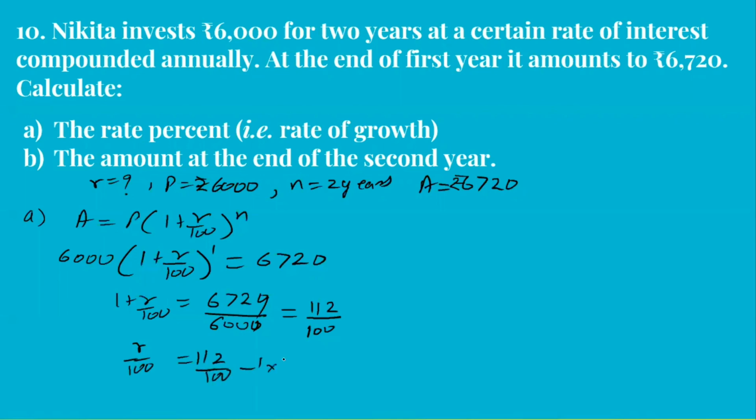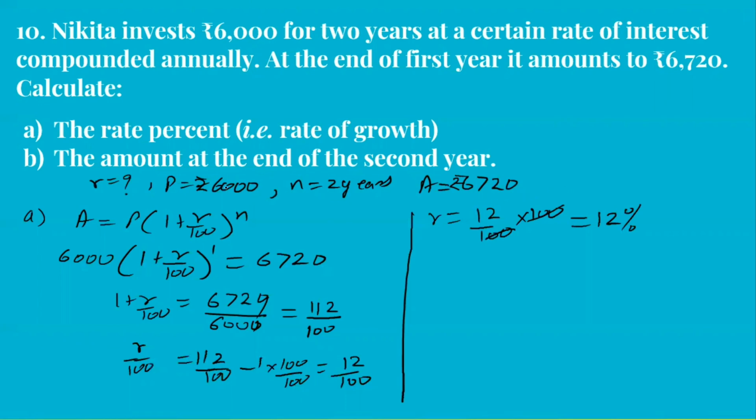Take the LCM, you'll have to multiply by 100, divide by 100 here. So 112 minus 100, which is 12 upon 100. So you get rate, that is R is equal to 12 upon 100 into 100. This 100 shifts over here, it goes up here. So you get rate of interest as 12%. So we are done with the first part. Let us move on to the next part.